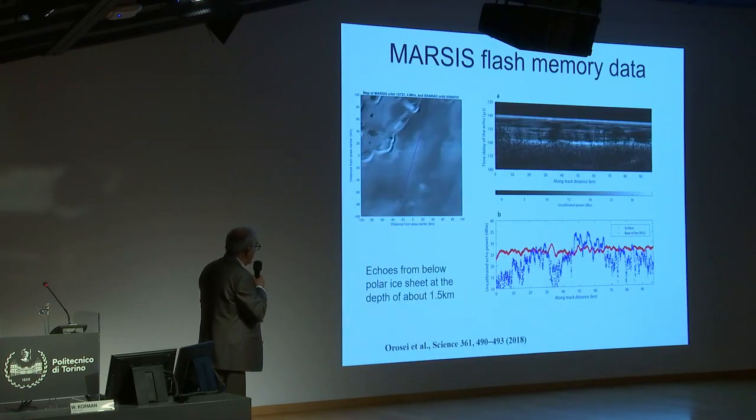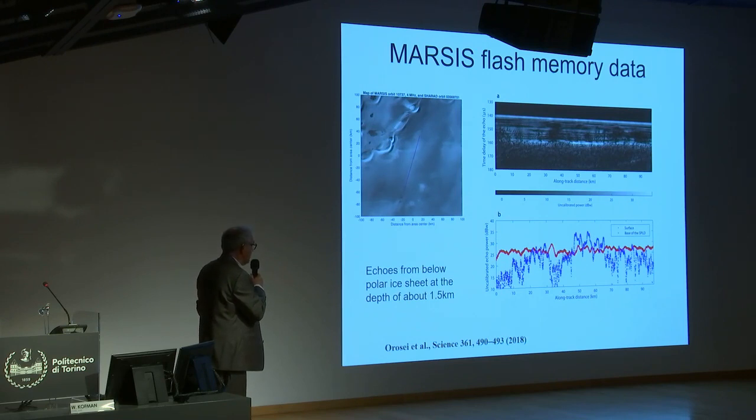Then, the last thing I wanted to show is what Enrico told you, the measurements using the MARSIS flash memory, in which there is a paper written in Science by Orosei et al., in which they claim that they detect water. What is on this plot is the power of the signal coming from the subsurface.